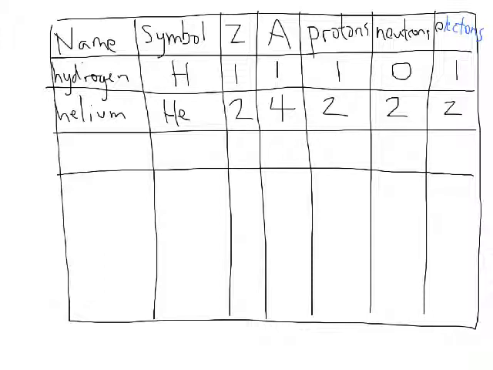Let's go to the third element, lithium. Li. Okay. Z, see if you can find it before me, 3. The A, the mass or the weight, is 6.94, which is fairly close to 7.